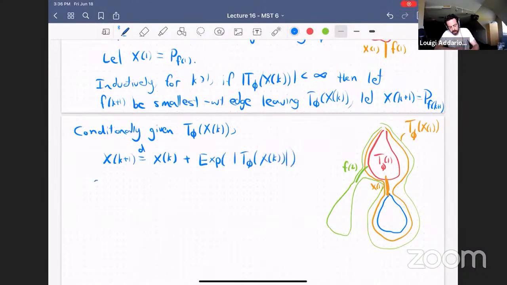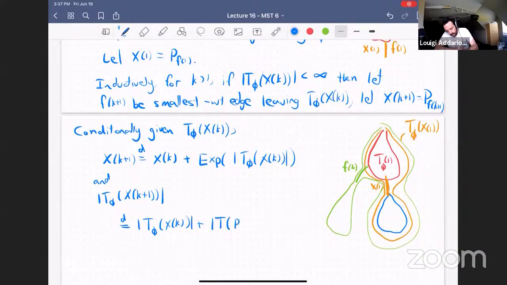Okay, and then the size of the next tree that we expand to, the x_{k+1} percolated tree, will be distributed as whatever we already had, plus the thing that we attach on, which is like a Poisson Galton-Watson tree with this new parameter x_{k+1}.